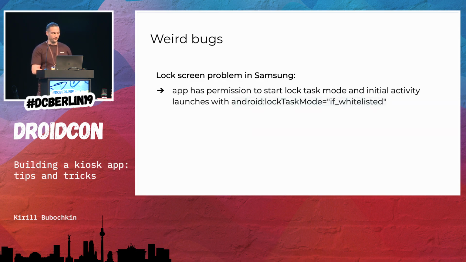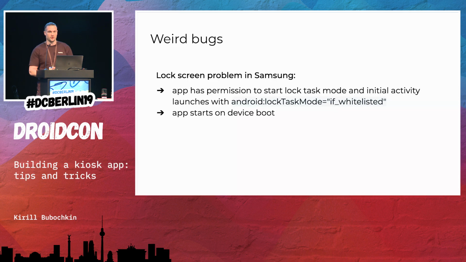Imagine the following situation. You have an app that has a permission to start in lock task mode, and the initial activity launches with Android lock task mode if whitelisted. This is a common situation for a kiosk application because you really want to lock the tablet into kiosk mode. Next, your app starts on device boot.